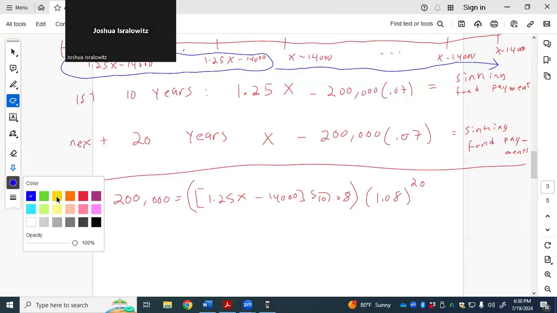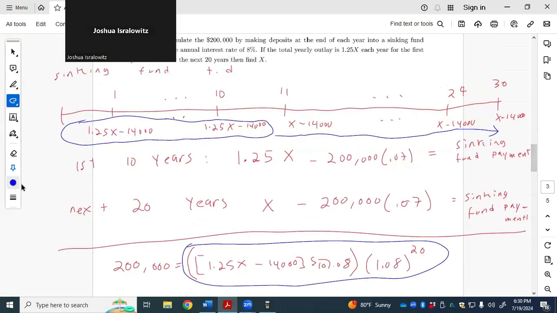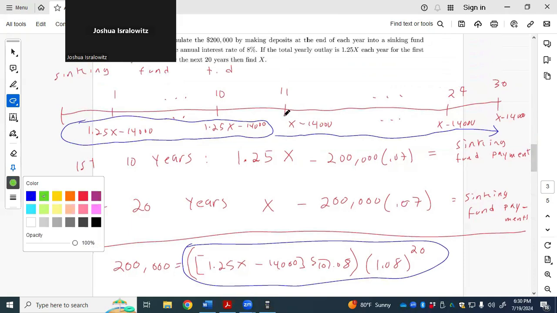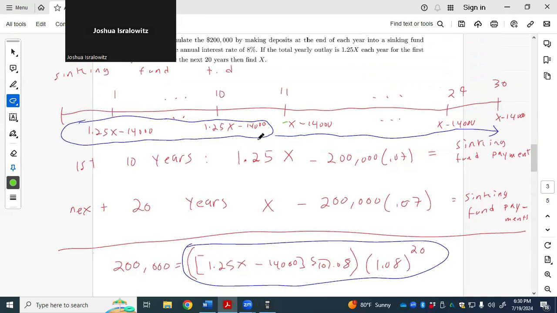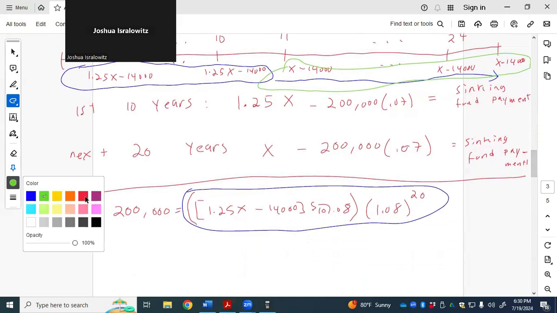All right, so this is the accumulated value of the first 10 payments in blue. Again, from my perspective, really nailing down these annuity problems is basically easy points on exam FM.